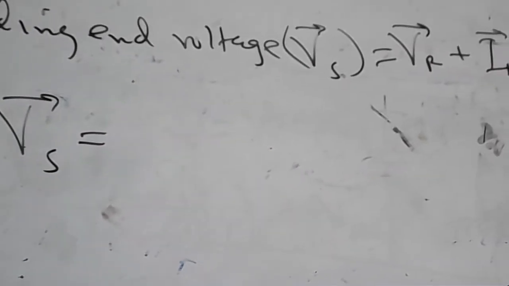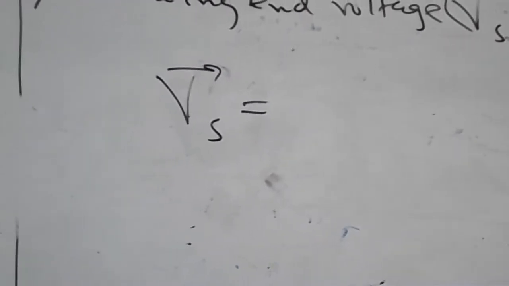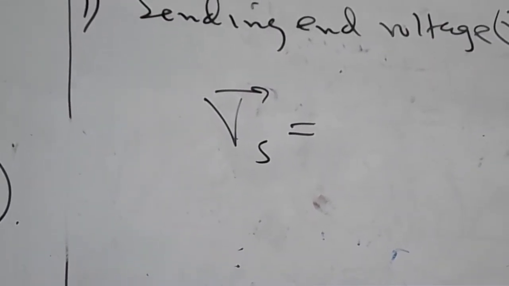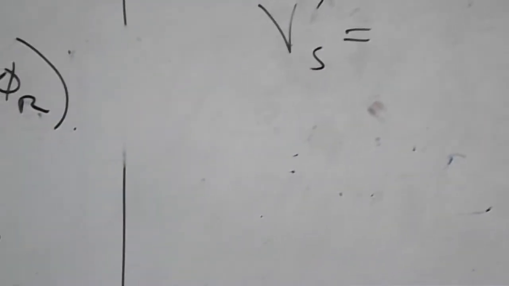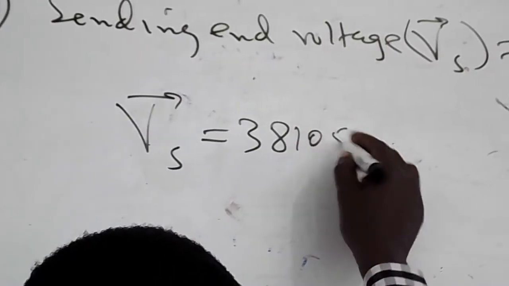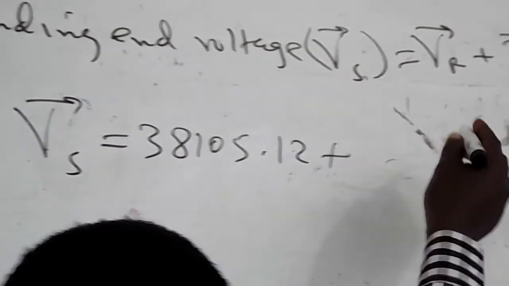Vr is our reference phasor, and it acts at an angle of 0 degrees, so we use the magnitude of the receiving end voltage as it is, 38,105.12, plus IL.